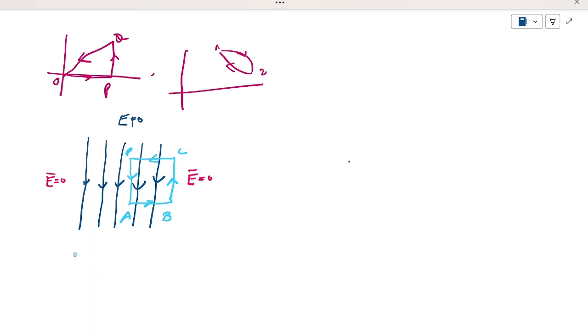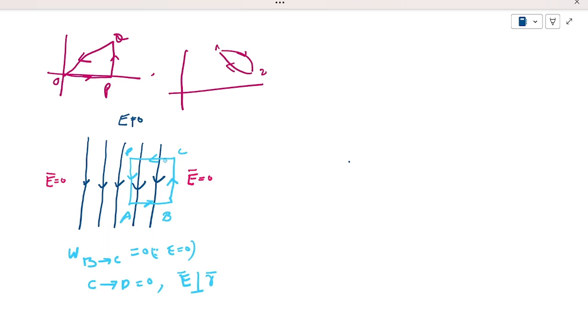If you see clearly, the work done from B to C is equal to 0 since E is equal to 0 in this region. Now the work done from C to D is also 0, because here E and r are perpendicular. That is, the line dr, the position vector from C to D, is perpendicular to the E direction.